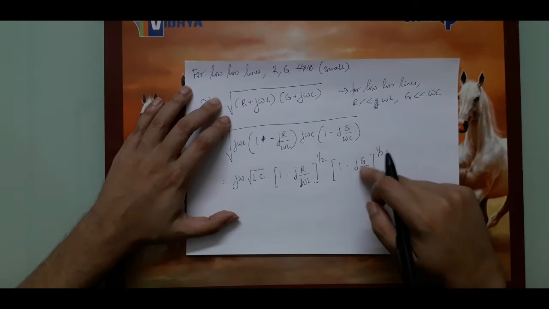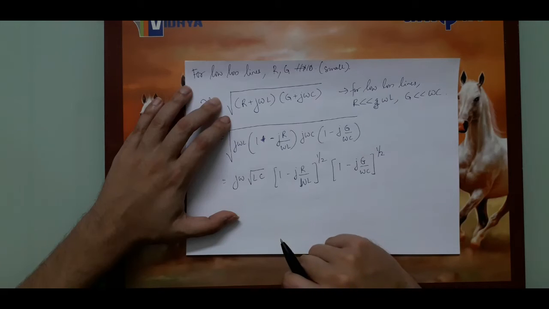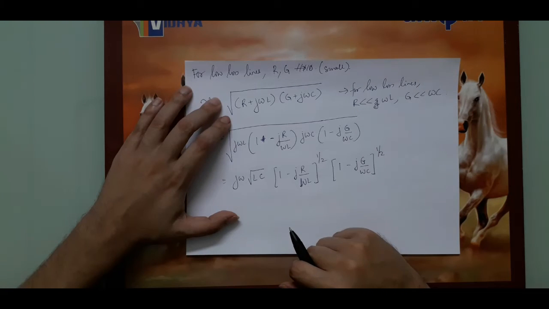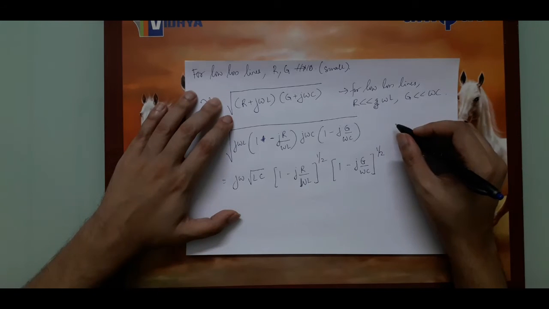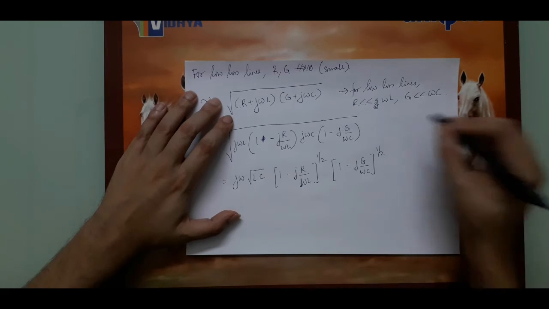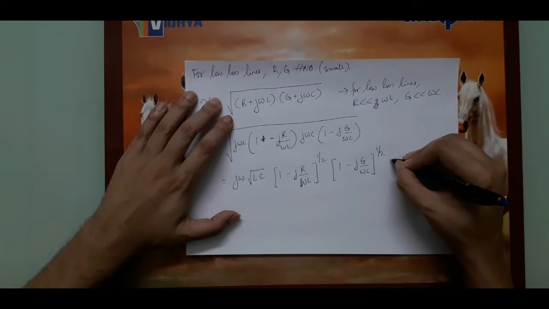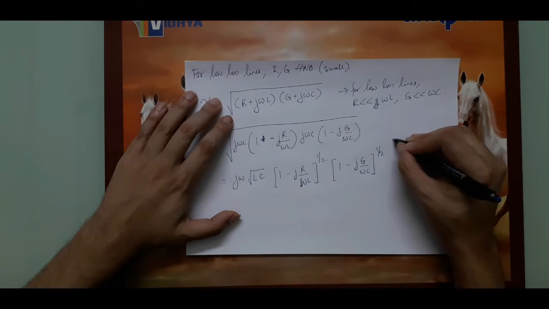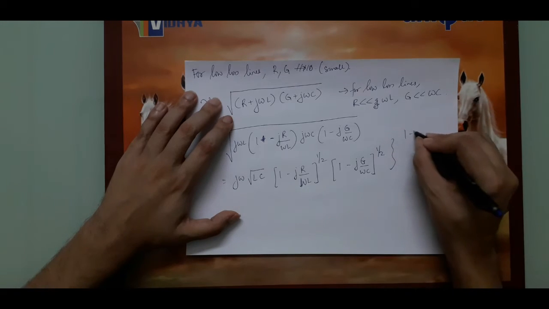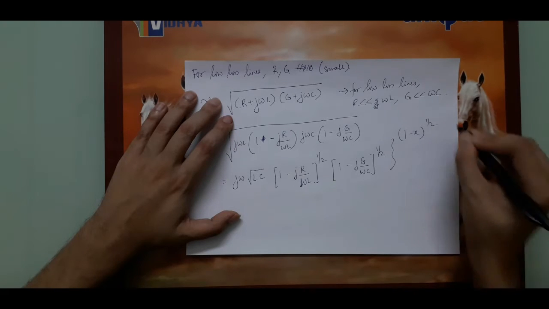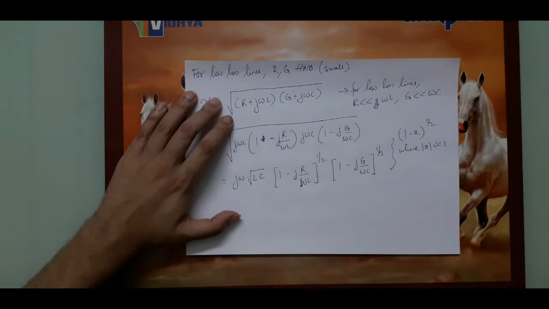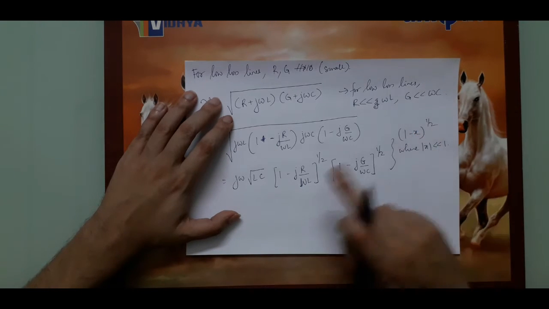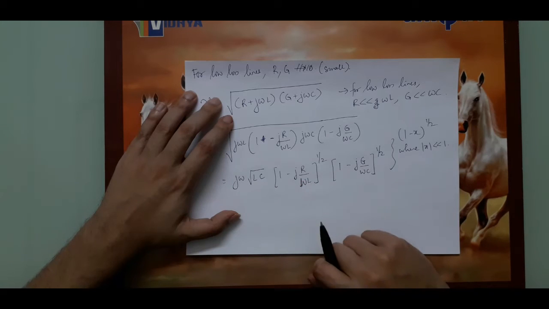Similarly, the magnitude of this quantity also will be much below 1. So it's like saying I have this expression 1 minus x raised to half, where mod x is much below 1. So there exists a power series for these two.